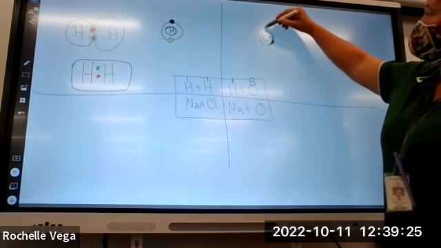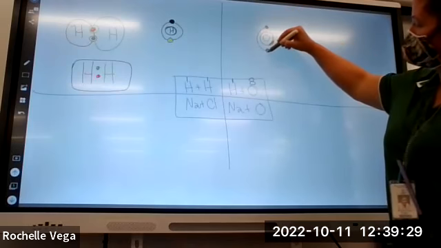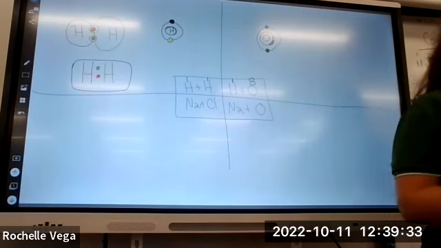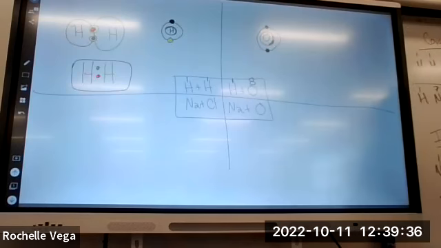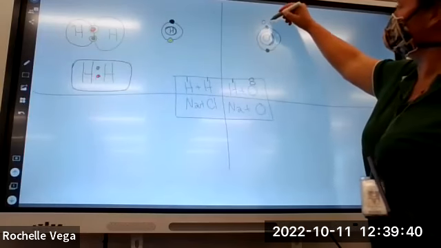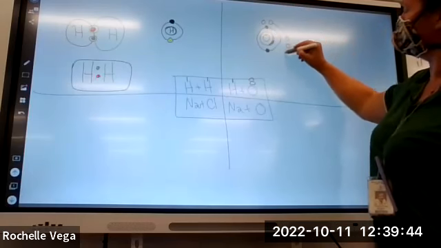I'm going to have my first layer. My first layer has 2 spots for electrons, so we're able to fit in 2 spots for those electrons. My next layer can hold 8 electrons. So I'm going to draw these as empty right now.